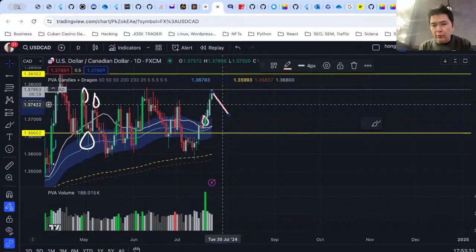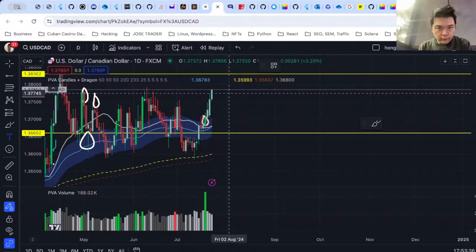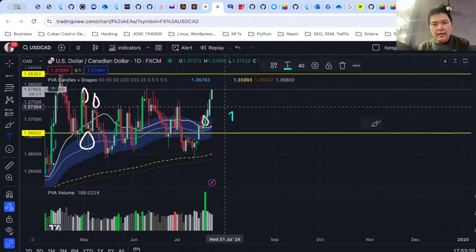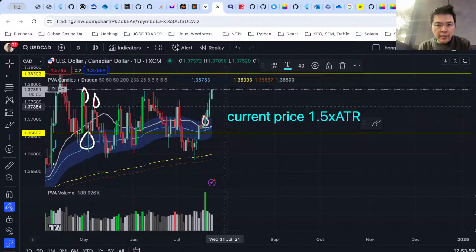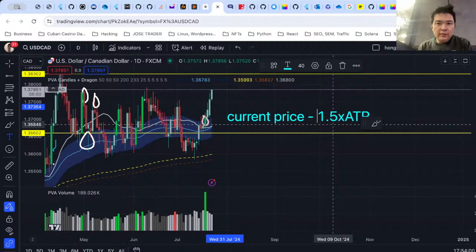Another way to set up your trailing stop is to set it at 1.5 times the ATR. So you take the price the forex pair is being negotiated at right now, the current price, minus, in this case since it's a buy position, 1.5 times the ATR, and this ATR is from the 1 candle before the candle you open your trade.